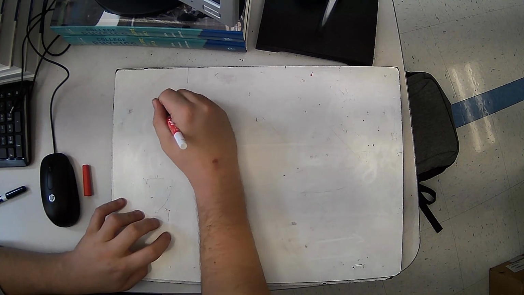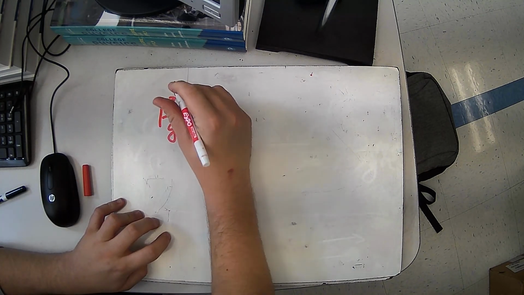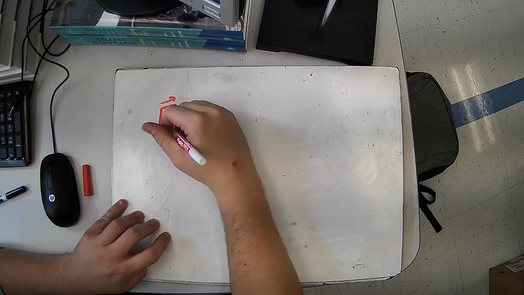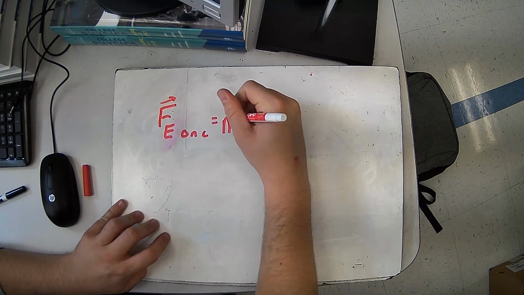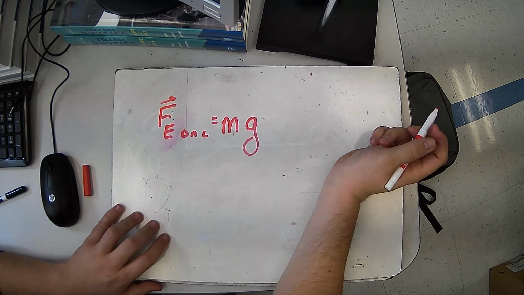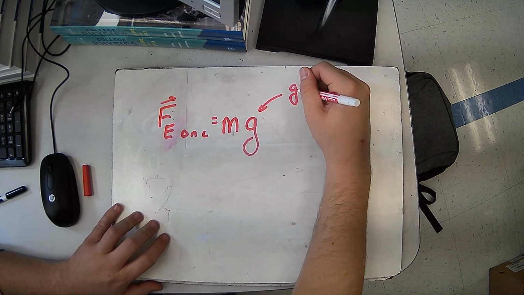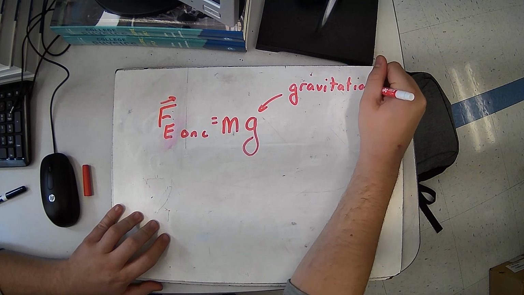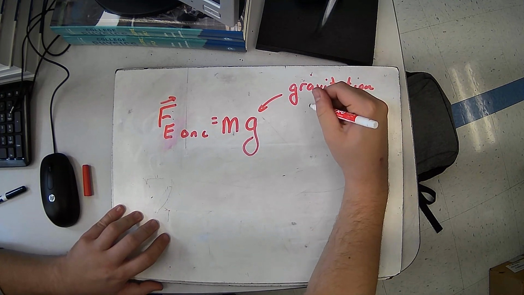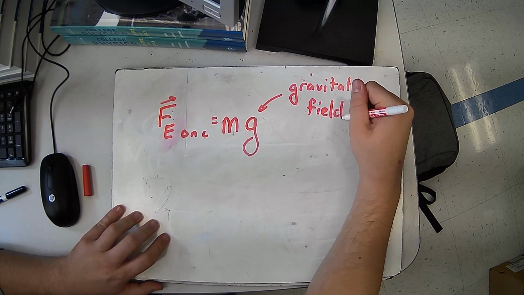The gravitational force exerted on an object, and we want to use the Ekina notation. The force that the Earth exerts on the car is equal to the mass of the car times the Earth's gravitational field strength. I will expect you to say all three of those words every time we're talking about little g, gravitational field strength.